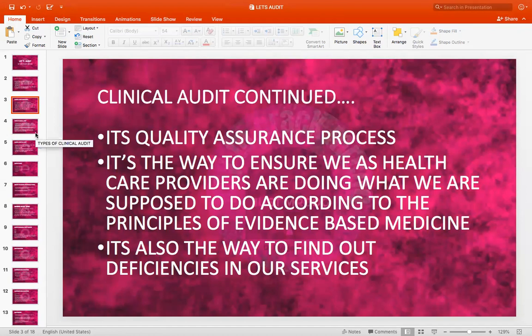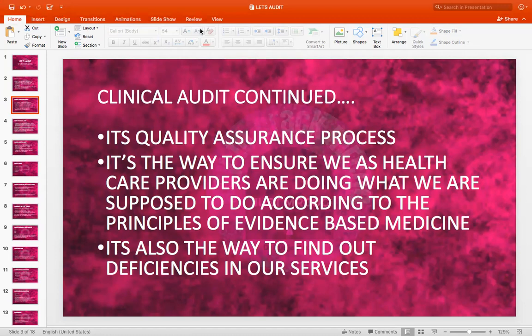So audit, first, we come to know whether we are doing according to the principle of evidence-based medicine, meaning according to principles of NICE guideline, GTG, TOG, SIP. And second, audit also helps us in knowing our deficiencies in our services. So it helps us in two ways.